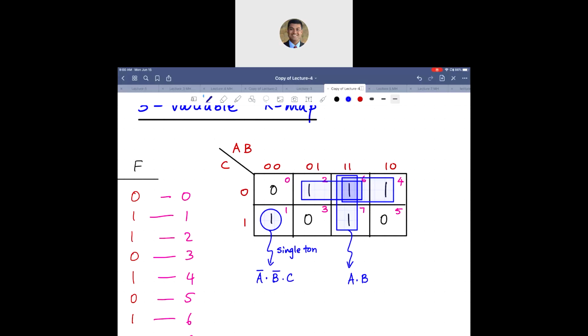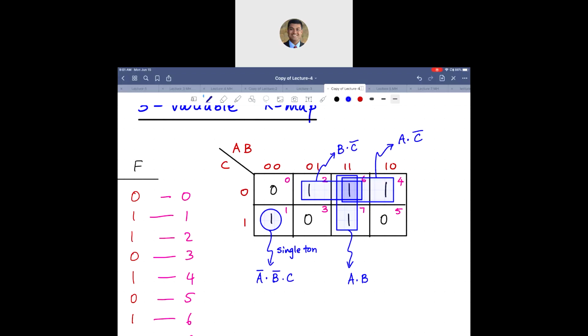Next, this group. For that group, A is 1, B changes, so it gets eliminated, C is 0. How about this one? A changes, eliminates, B is 1, C is 0.